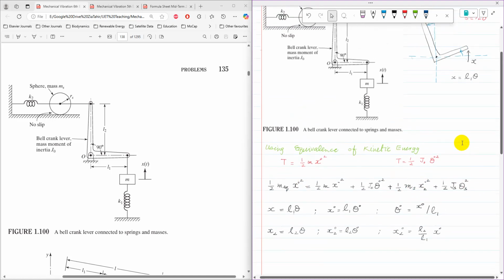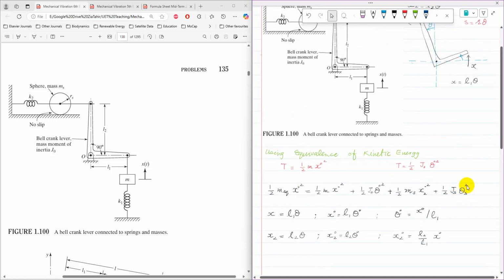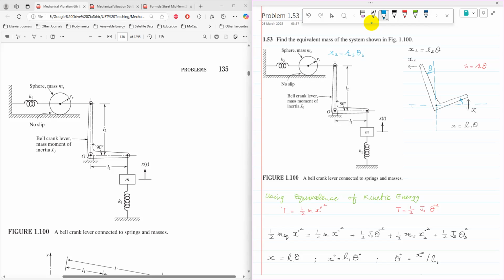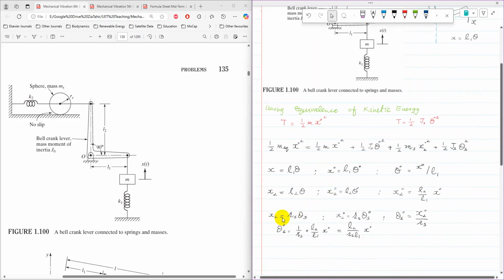Next I need to see how I can write theta s in terms of x. Here x2 will be equal to rs into theta s, because when a rotation is given and it is multiplied by the radius of the sphere, you get x2.